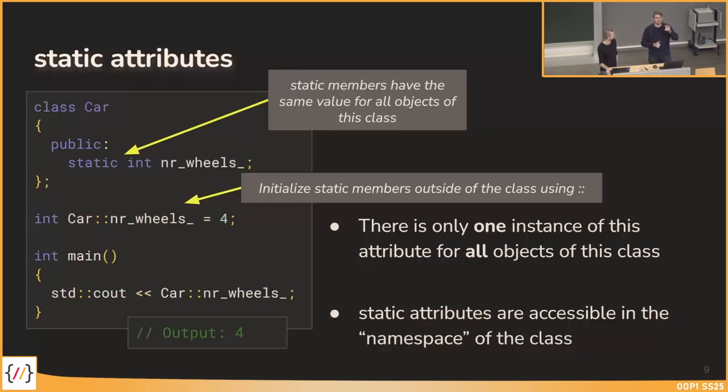So these member variables have a different value depending on the object. But the static member variable has only one value, and this value then applies to all objects that we have of this class. So basically they all have a reference to the same variable. Basically, yes.